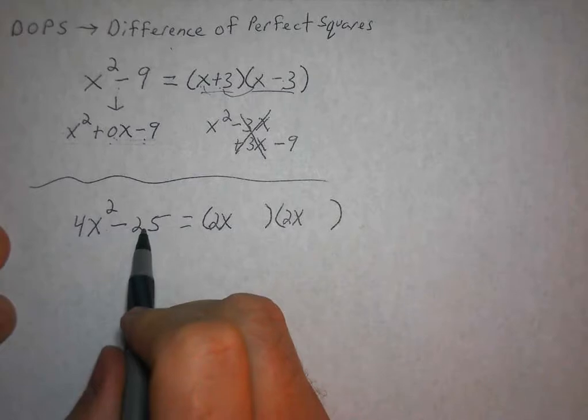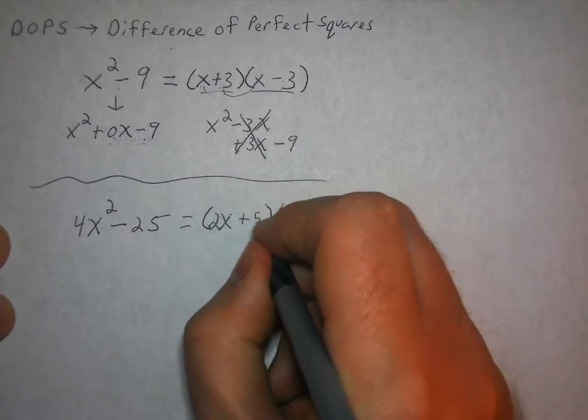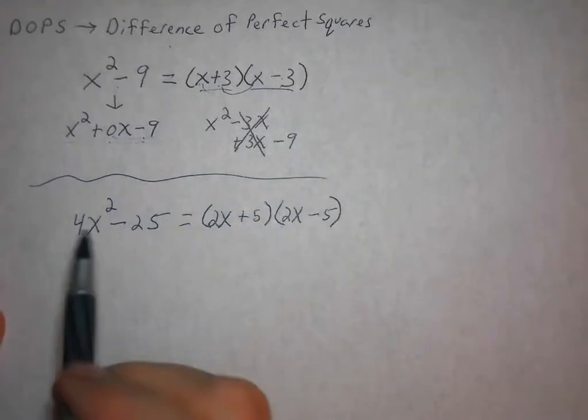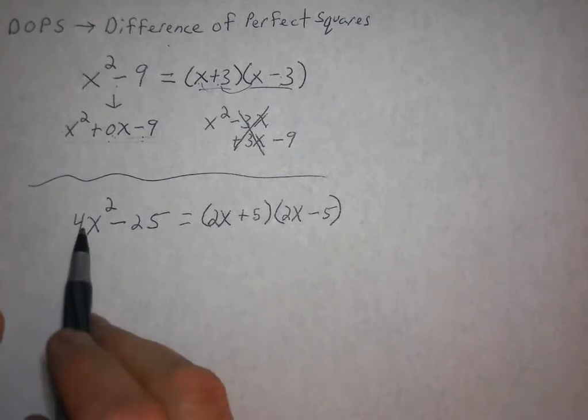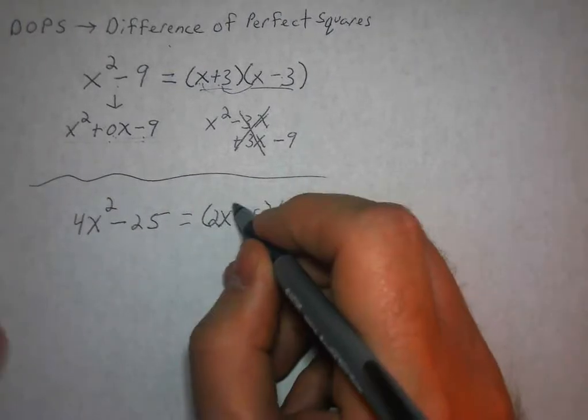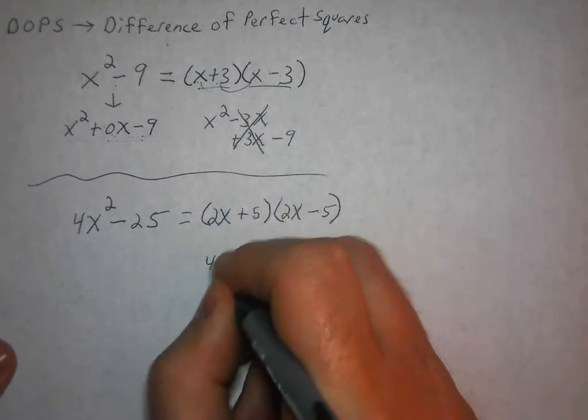Now, what multiplies to get negative 25 that will add to 0 in the middle? We know that plus 5 and minus 5 will work. Now, this is a little different because it may be confusing because of that 4 in front of the x squared. And you may think, well, gee, that's not going to work out at all. But let's see what happens. First terms, 2x times 2x is the 4x squared.